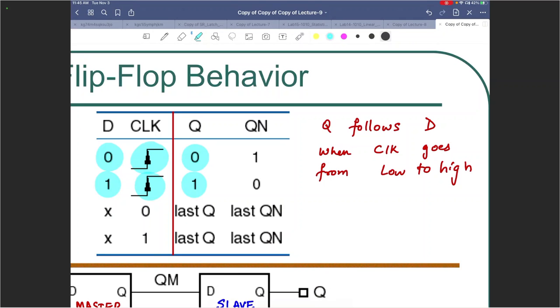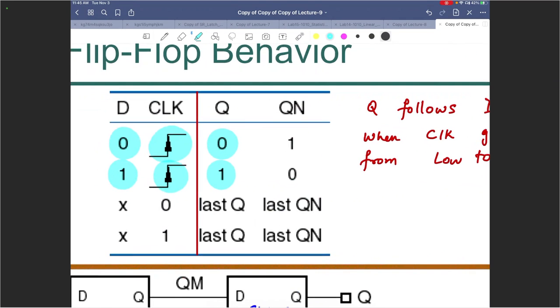However, if you have clock at 0 or 1, and in fact, I can also add the negative edge of the clock, so if the clock is 0 or the clock is 1 or there's a negative edge of the clock, for all those times, no matter what D is, my output is going to be stored.